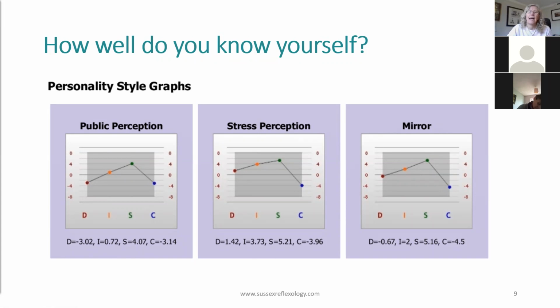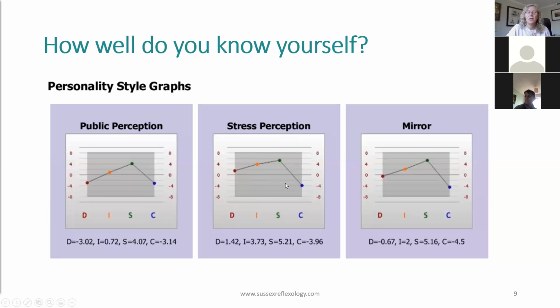So everyone acts according to how they think other people expect them to act. This is your public self, the person that we project to others. Whereas the second graph is our private self, and this is how we respond to pressure.